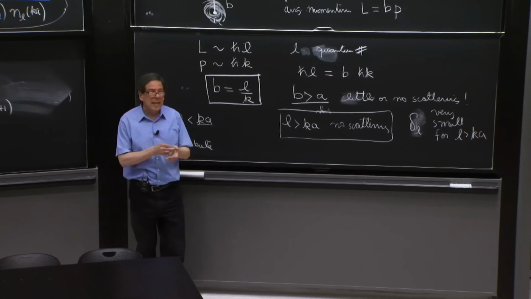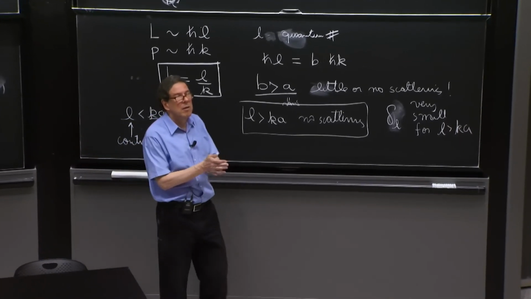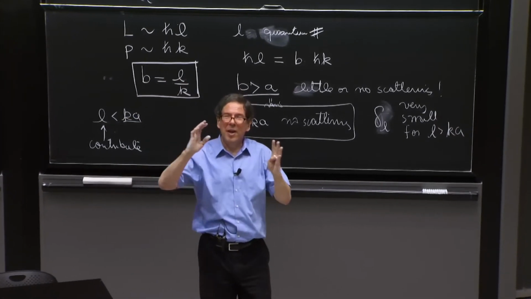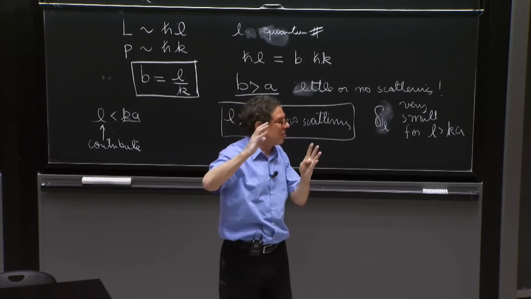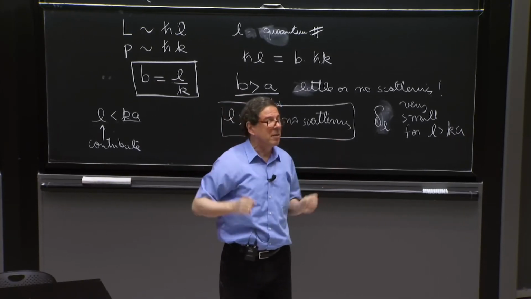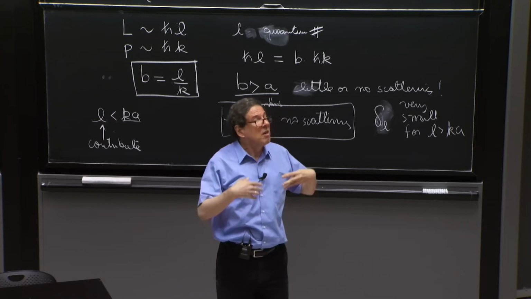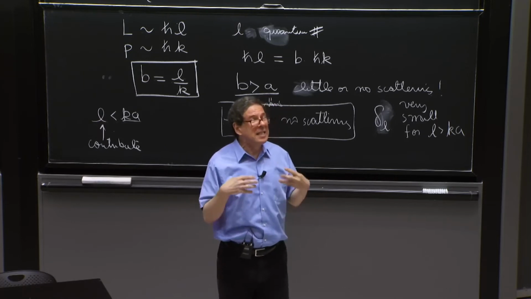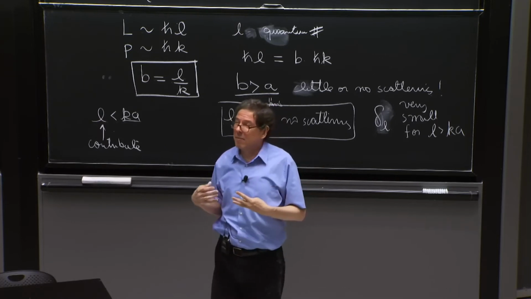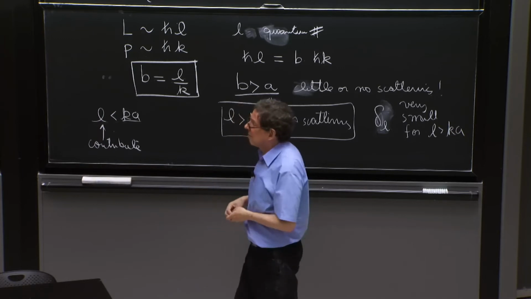So our ideas are consistent. This partial wave doesn't reach the origin. It stays a bit away. How much? The intuition is that distance approximates the impact parameter, which is L divided by k.